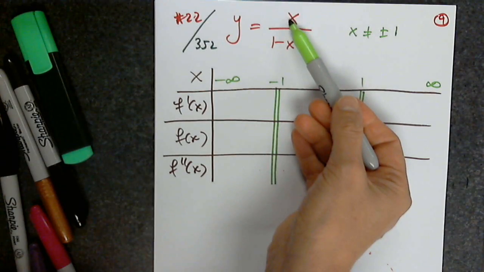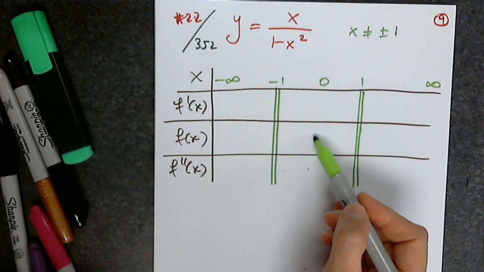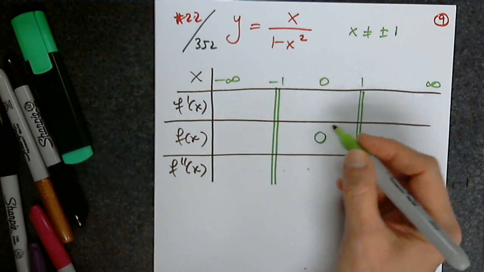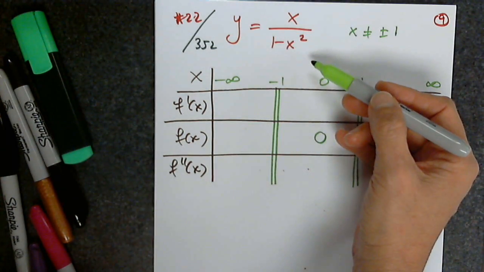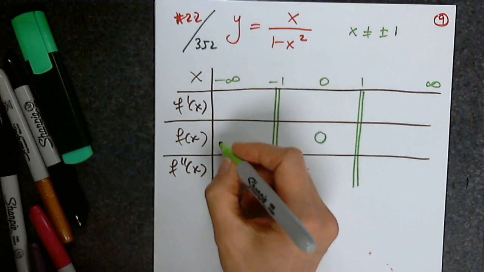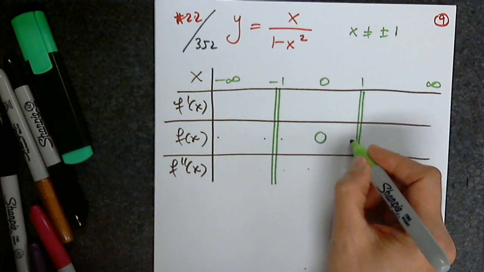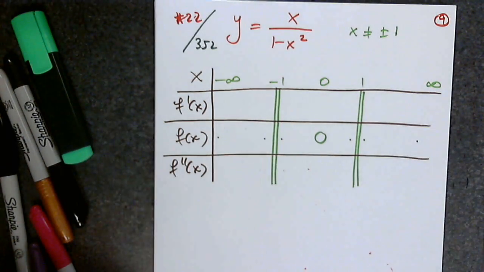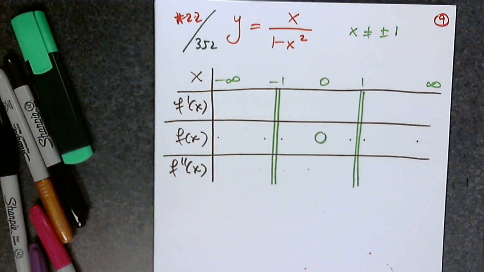So now, when I plug in 0 in this function, what do I get? Yes, because it's 0 over 1. So that is the x-intercept and the y-intercept, and there is nothing else. We agree with that? Okay. Now, I need these, and I need to show what they are.